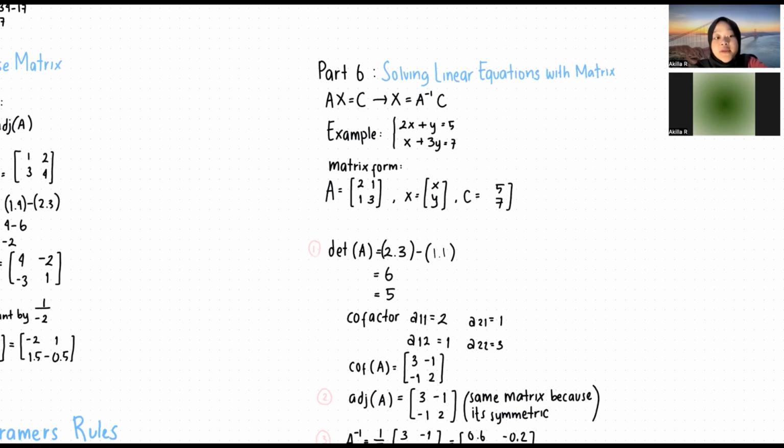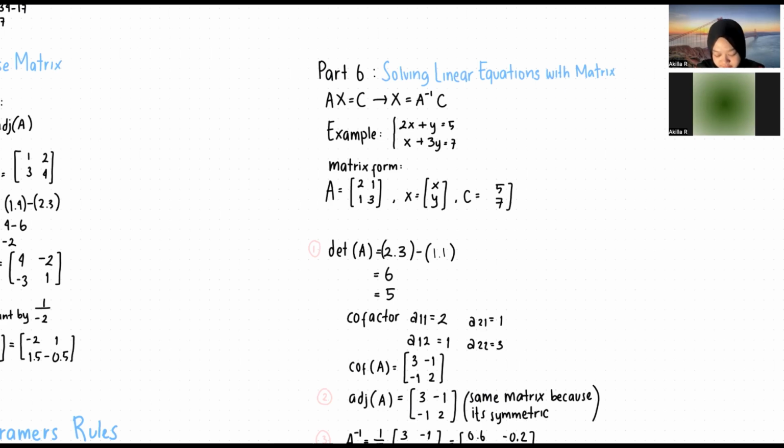Here is the example question. 2x plus y equals 5 and x plus 3y equals 7. The first step, 2 times 3 and then minus 1 times 1 equals 5. So the determinant is 5.